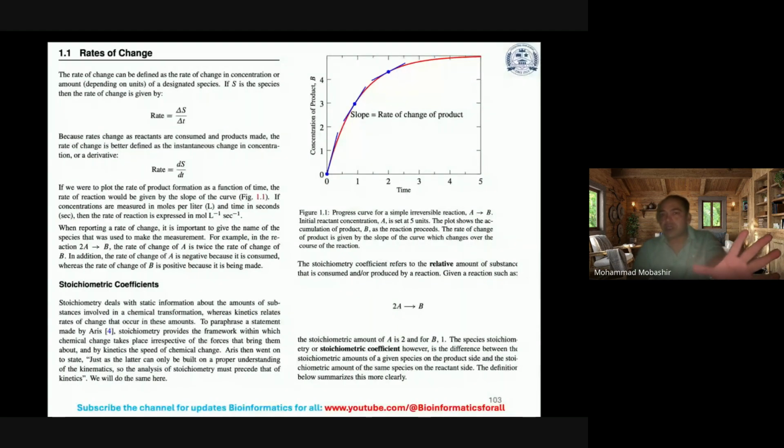Now, here you can see the rate of change of product. Or you can also call it the progress curve for a simple irreversible reaction. Now, the stoichiometric coefficient refers to the relative amount of substance that is consumed and or produced by a reaction. That's it.